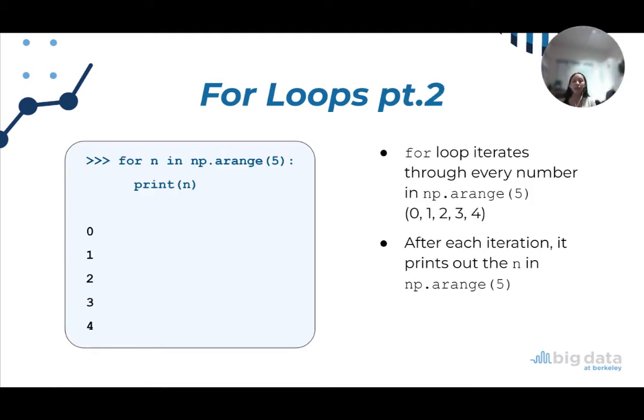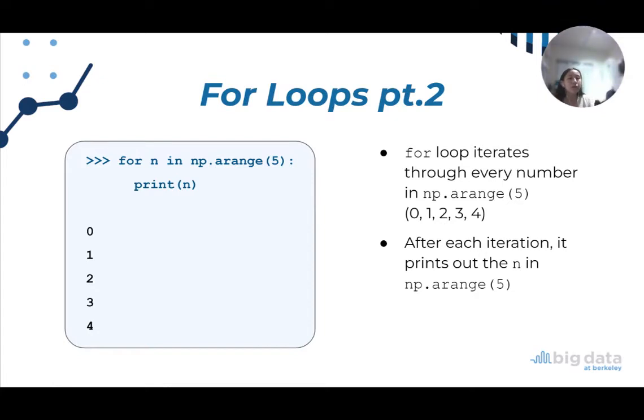Another type of for loop is using ranges. We talked about ranges earlier, and np.arange will be an array from, I believe, 0 to 4. So it would be 0, 1, 2, 3, and 4, and that would be np.arange(5), since the end number would be 5.